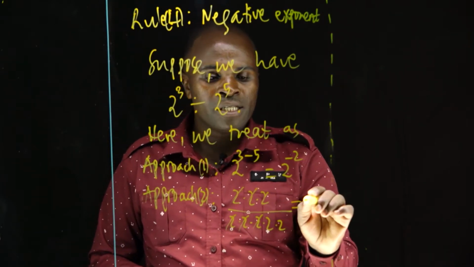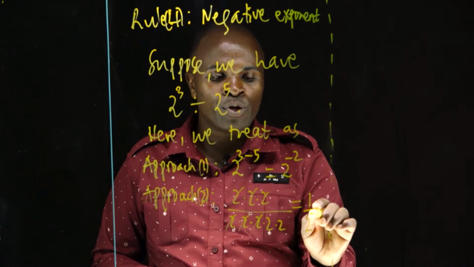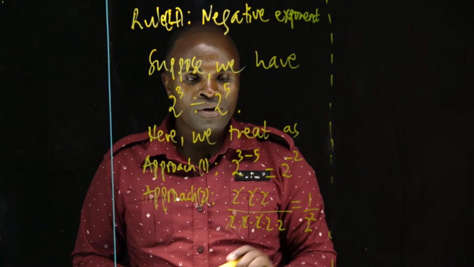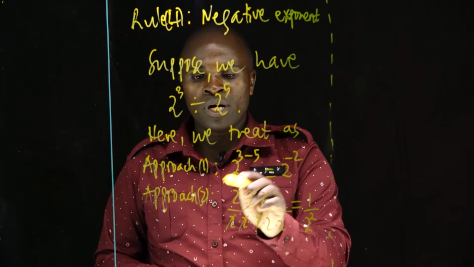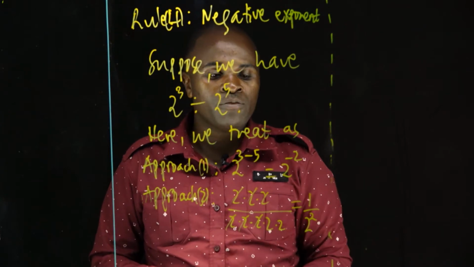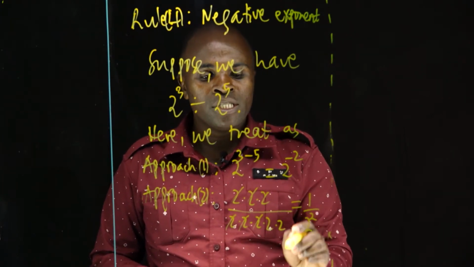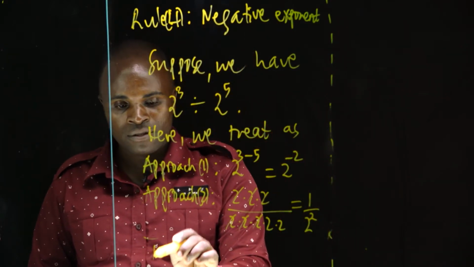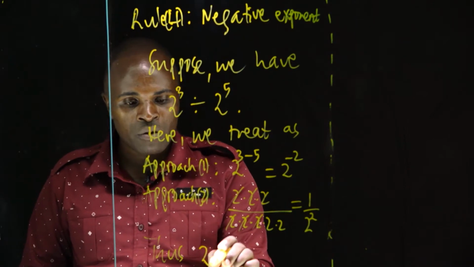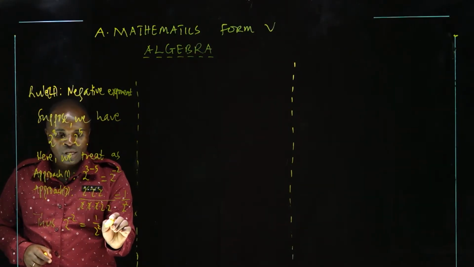The numerator part is giving us 1, while the denominator is giving us 2 exponent 2. Now, what is the conclusion? It means we conclude that approach 1 and 2 signify the same result, which is to say 2 power negative 2 is the same as 1 over 2 power 2. So we say thus 2 power negative 2 is the same as 1 over 2 power 2.